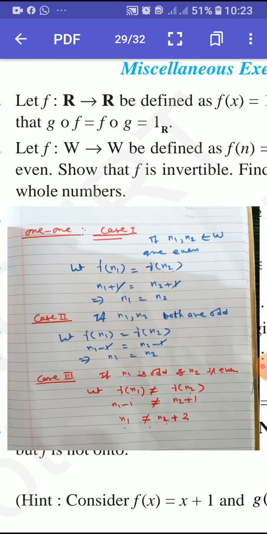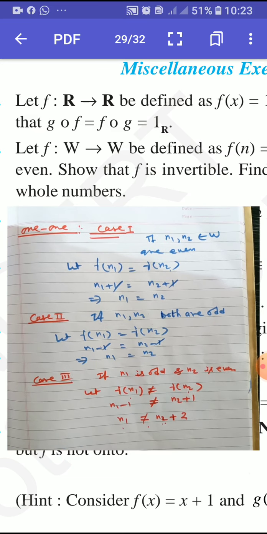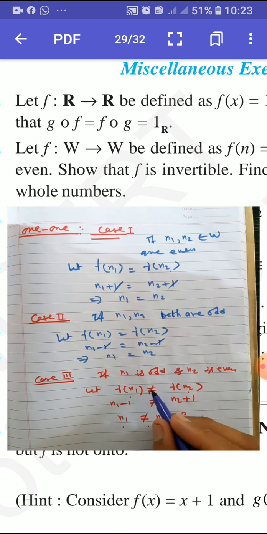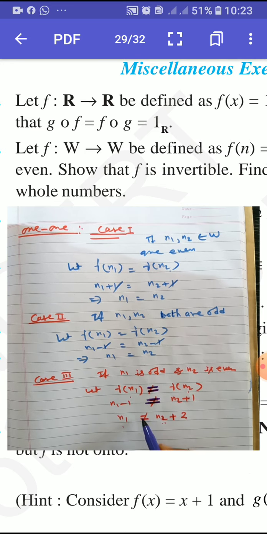You can understand it with the help of this also. Let f(n1) = f(n2). You can write n1 - 1 = n2 + 1, and n1 = n2 + 2, which means n1 is not equal to n2; n1 is 2 more than n2.